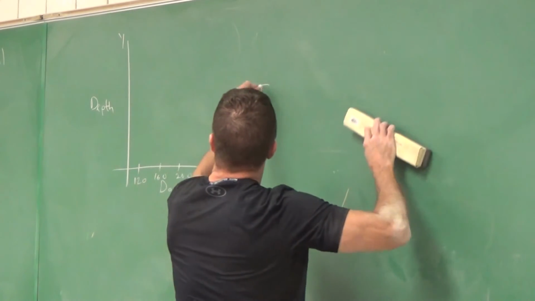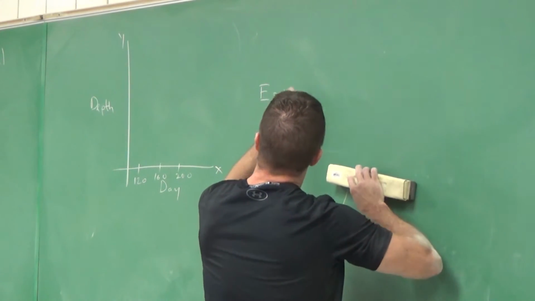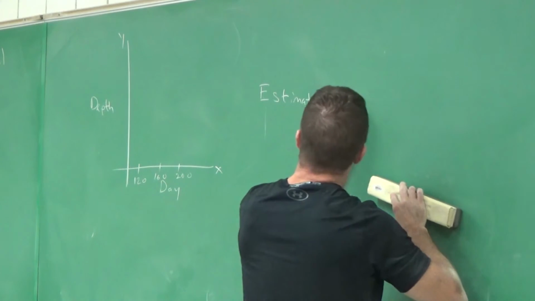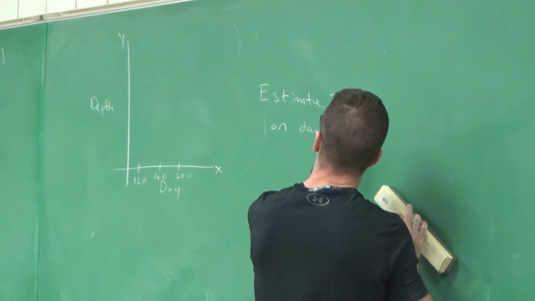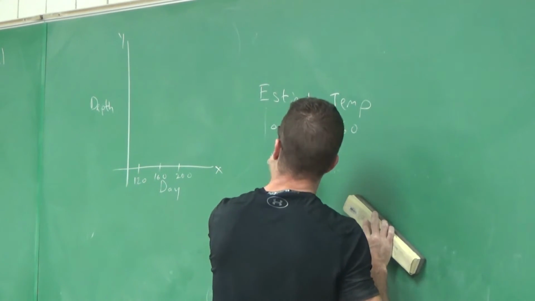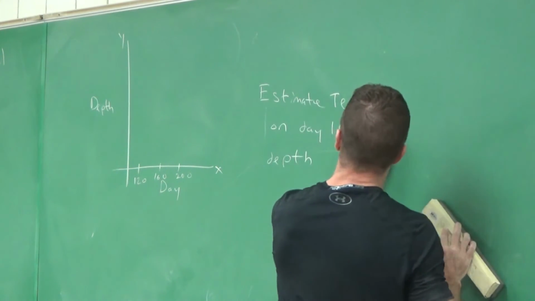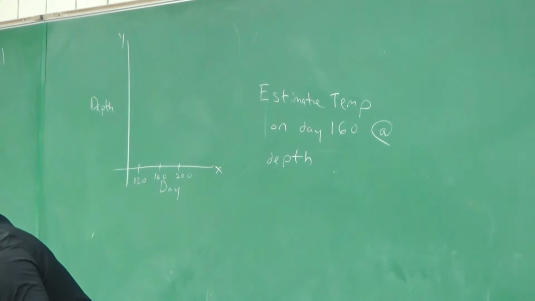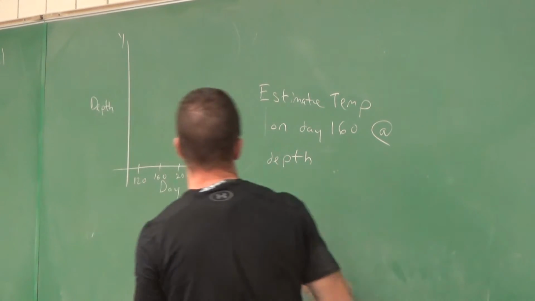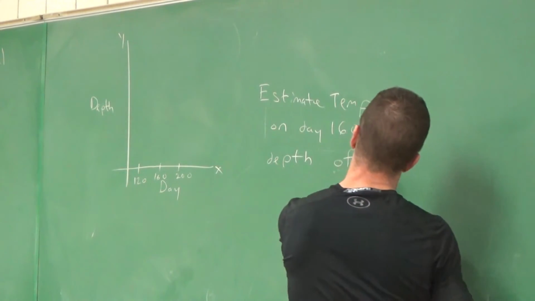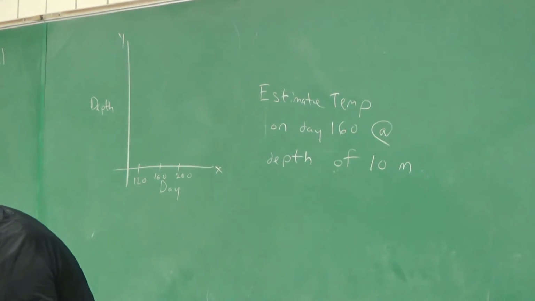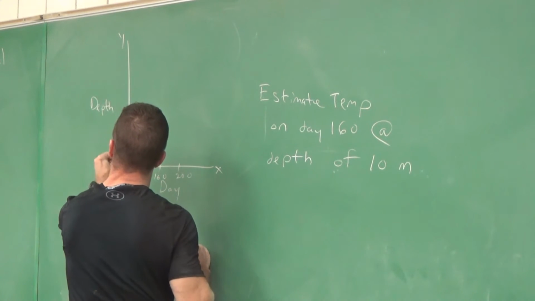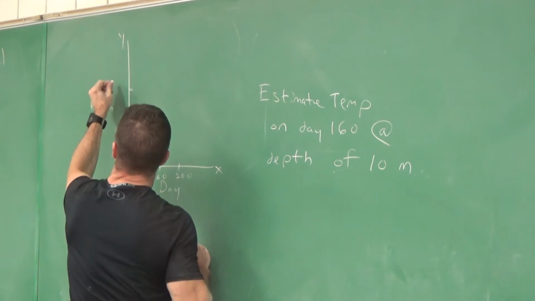Estimate the temperature in the lake on day 160 at a depth of, let's say, 10 meters. Well, they give the meter readings over here to the left. They've got 15 here. They've got 10 here. They've got 5 here.